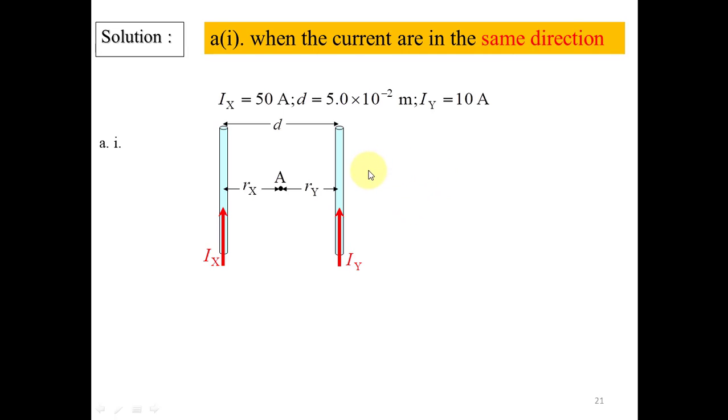Now determine when the currents are in the same direction. So both I of X and I of Y are in the same direction, that is upward. When we have determined the direction of the current, we can determine the direction of the magnetic field at the midway of the two wires.